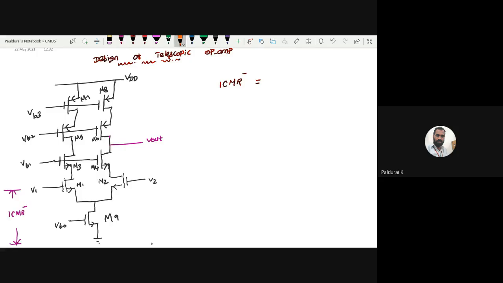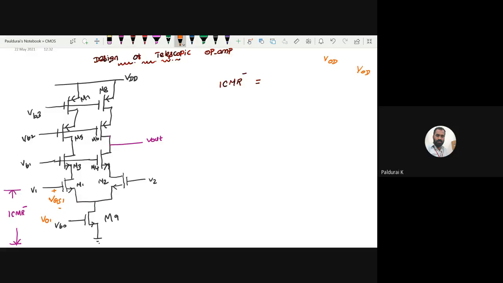Here you have VGS1, and what is the voltage drop across this M9? That is the overdrive voltage. It should be written V sub OD, which stands for overdrive voltage; please make the correction.